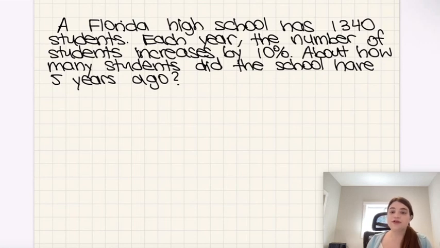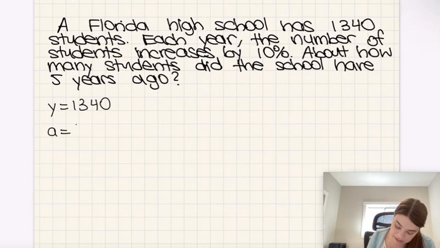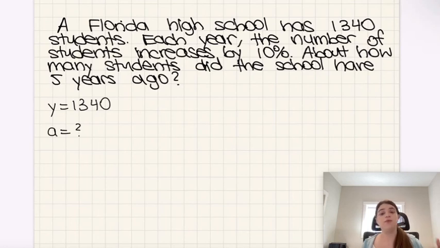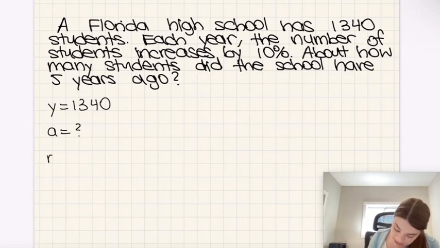Okay, so for this one, we know the final amount. We know that y is 1,340. However, we don't know a. We don't know the initial amount. We would like to know how many students there were before the 5 years elapsed. We also know the growth rate is 0.1, right?